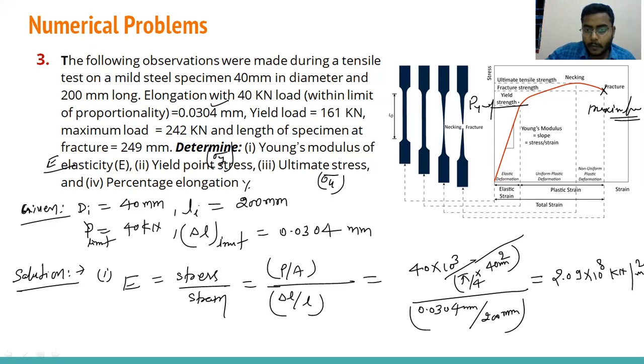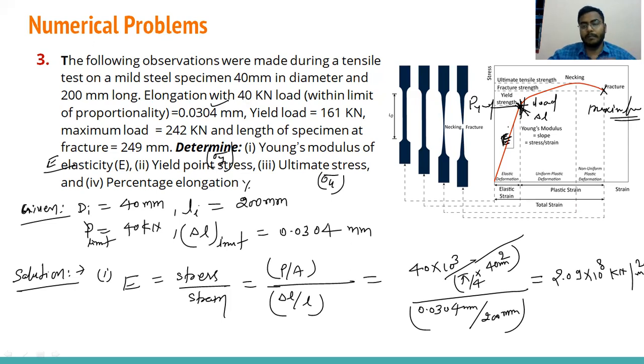See, data was given for this point. Load was given, delta A was given, area we have, and length we have. So we can calculate the stress by using this load, and we can calculate the strain by using this change in length. Okay, so if the data are given at this point, we can calculate the E, right?